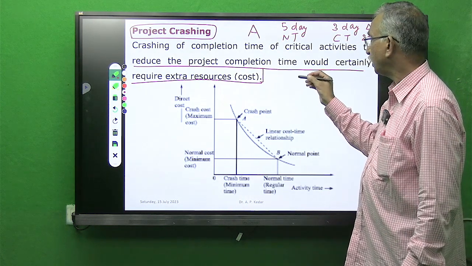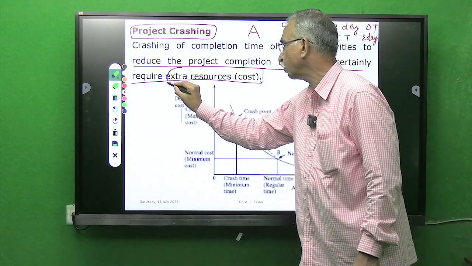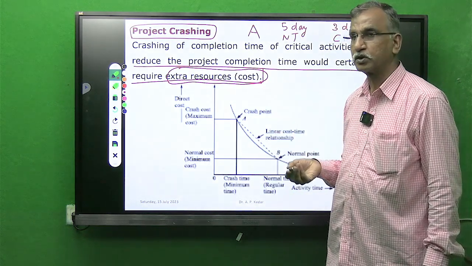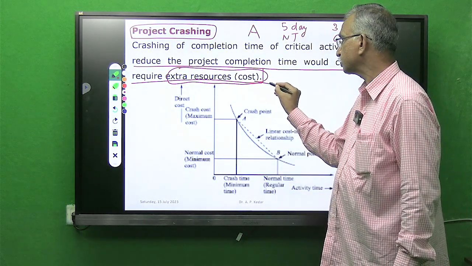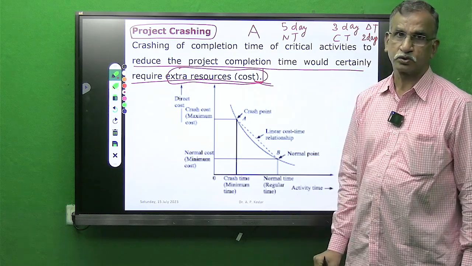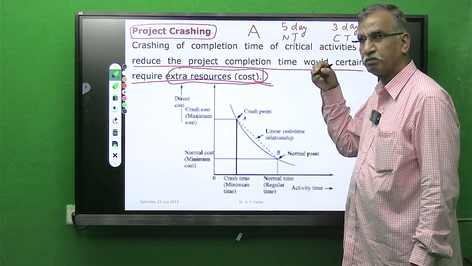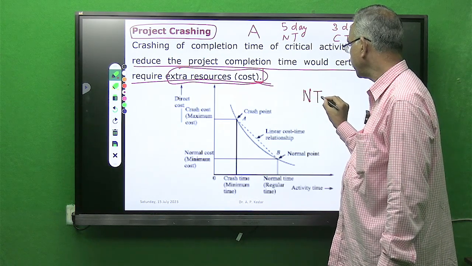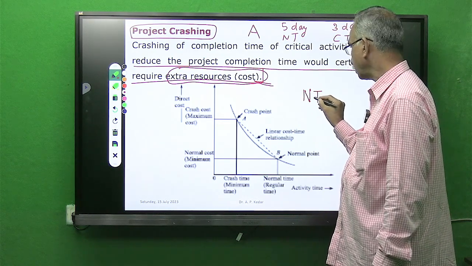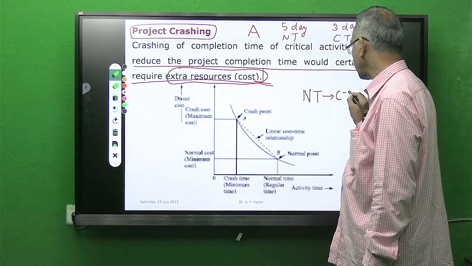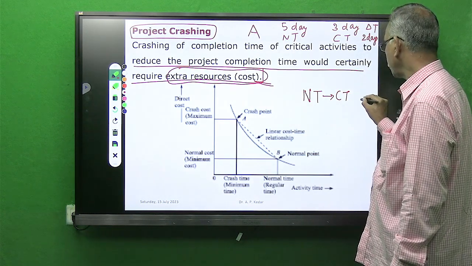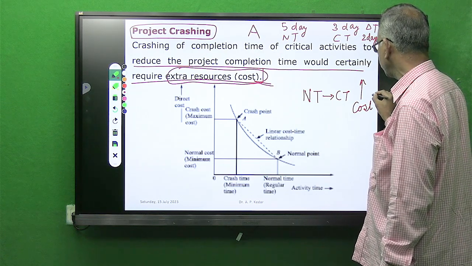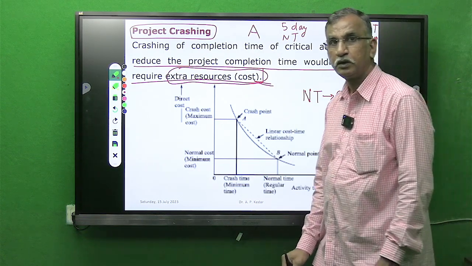For that you have to deploy extra resources, and all resources are associated with cost. So it is obvious that when you go from normal time to crash time, the cost of completing that activity will increase.